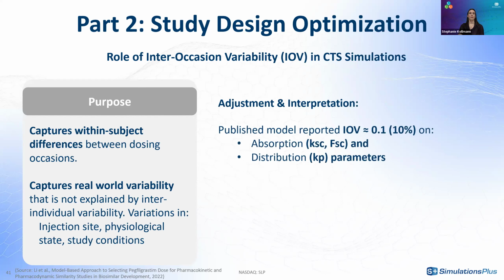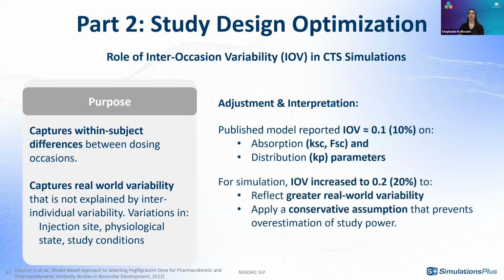And the published model reported an IOV of about 10%, but for our analysis, we increased it to 20%. And this adjustment reflects greater variability expected in real-world multi-center studies and provides a conservative estimate of study power.